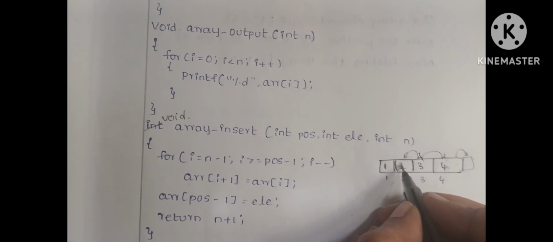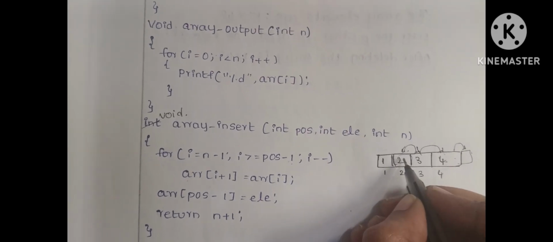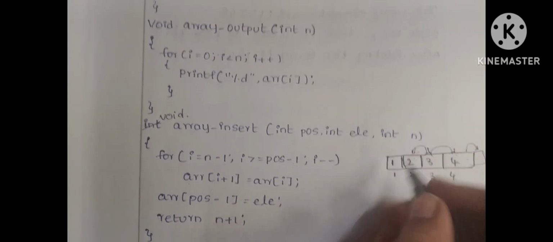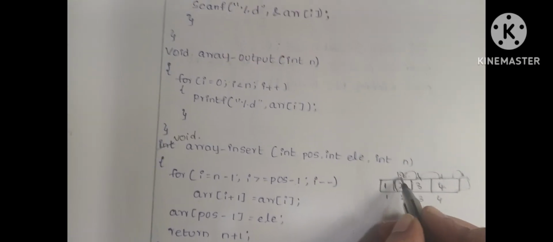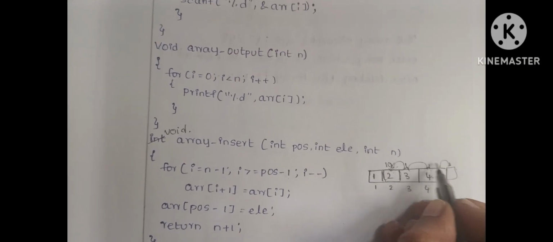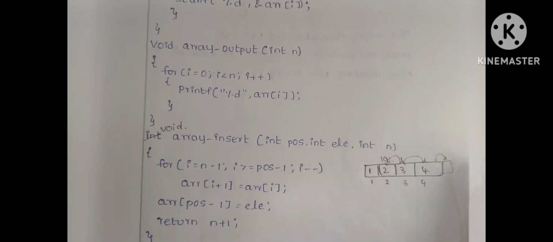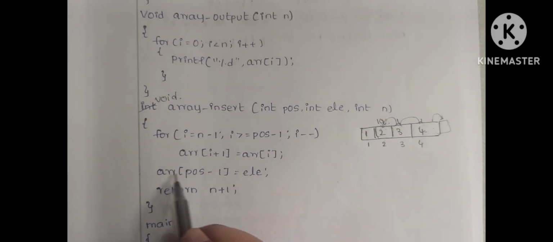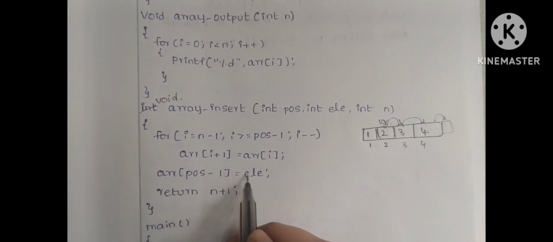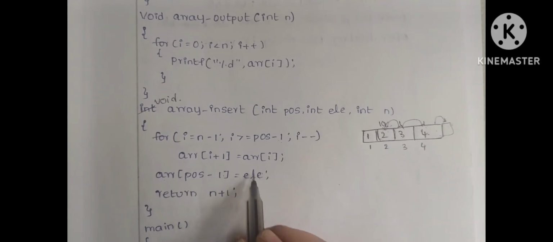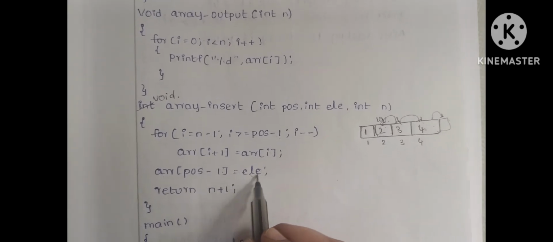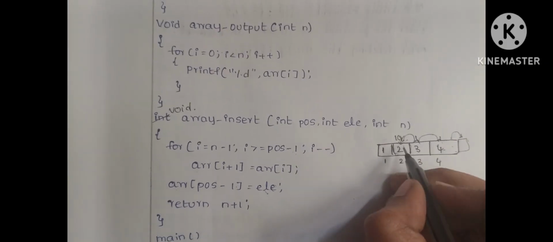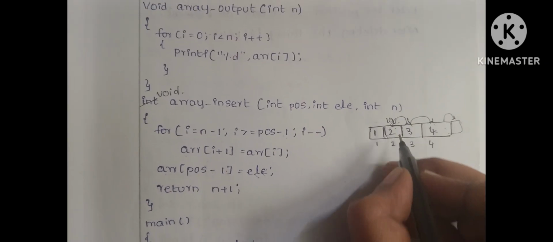So then we will insert whatever the element we need. For suppose I need to insert 10 here, 10 will be inserted here by moving all these to the other side. Okay, so array of position minus 1 will be ELE. ELE means the element which we need to insert, that will be inserted at position minus 1, like here.